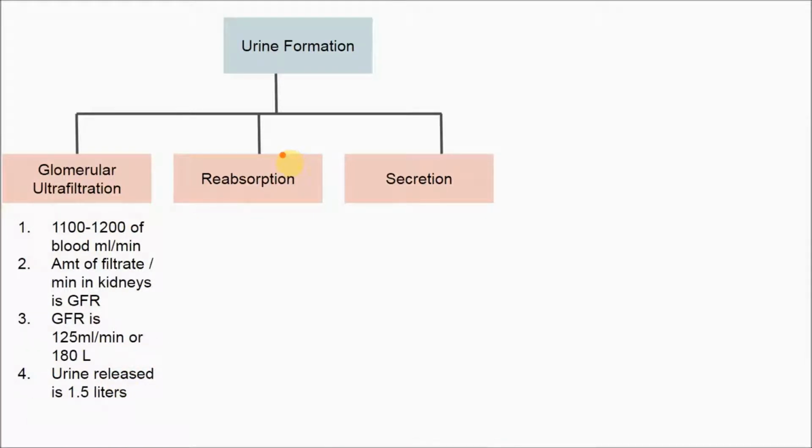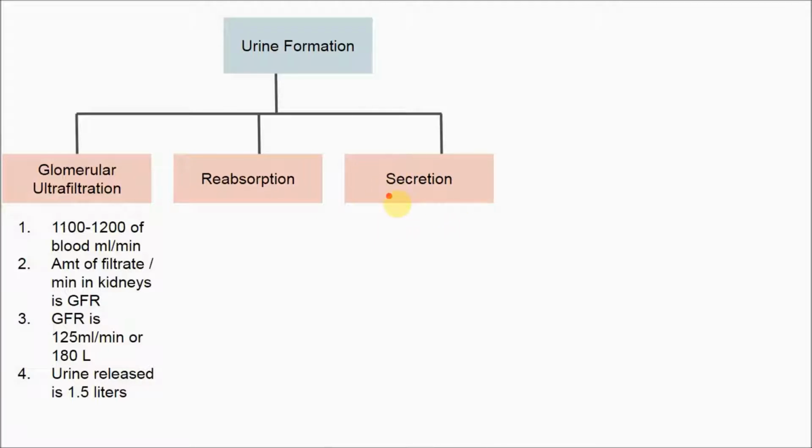So the next process in the urine formation is the reabsorption and secretion. So remember, reabsorption here mainly refers to the absorption of contents from the primary urine from renal tubules back to the blood. Whereas secretion mainly refers to secreting or release of the products that are to be excreted.